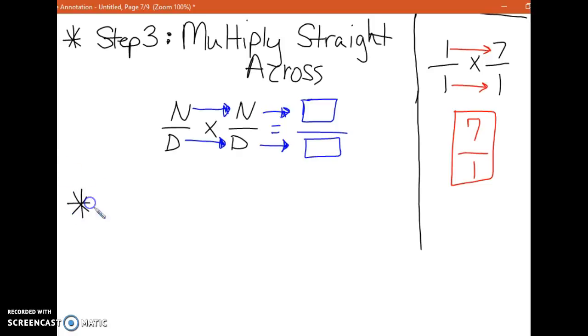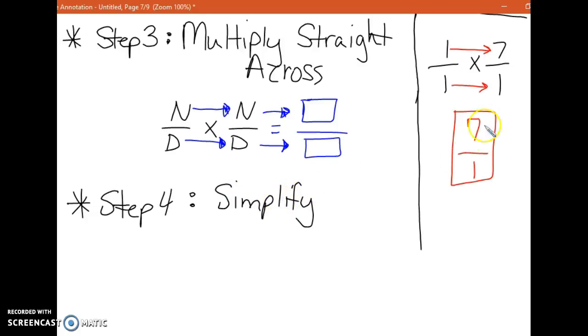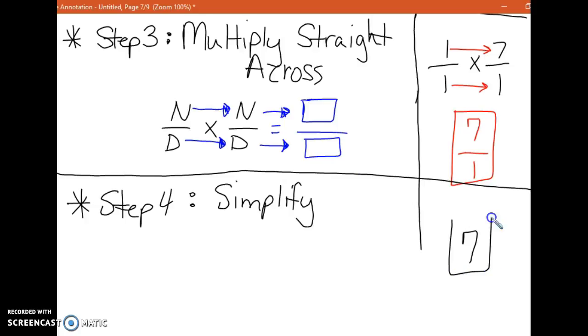Step 4 then, our very last step, is to make sure that we simplify. Okay? A couple things could happen here. In this case, we see that we have 7 over 1. Now hopefully most of us realize that 7 divided by 1 is just 7, and 7 becomes our final answer. What kind of fraction was this called? That's called an improper fraction. So you might have an improper fraction.